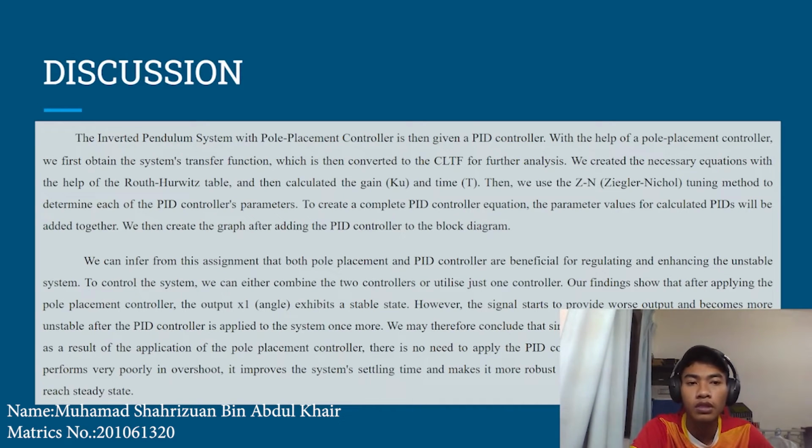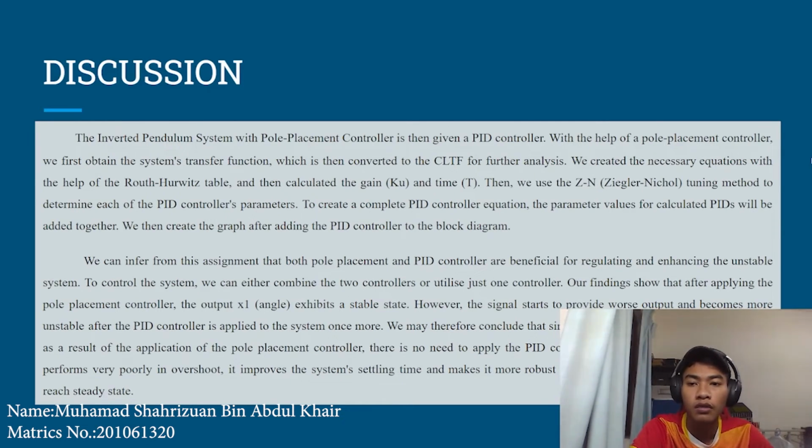Then we use the Ziegler-Nichols tuning method to determine each of the PID controller parameters. To create the complete PID controller equation, the parameter values for calculating the PID will be added together. We then create the graph after adding the PID controller to the block diagram.